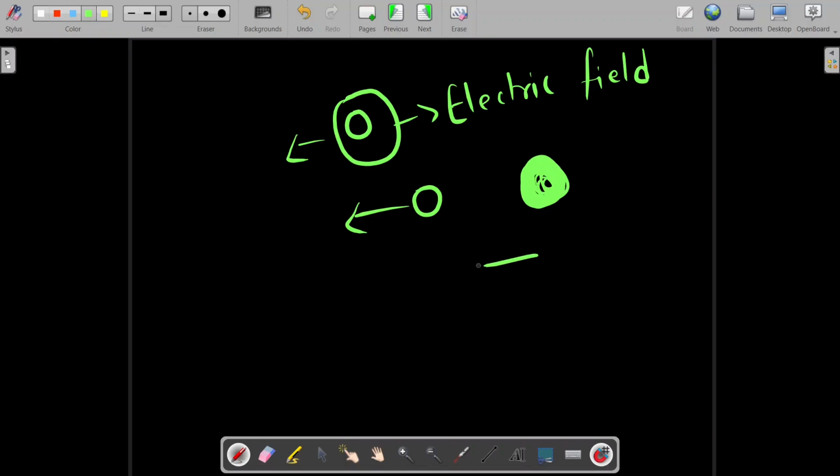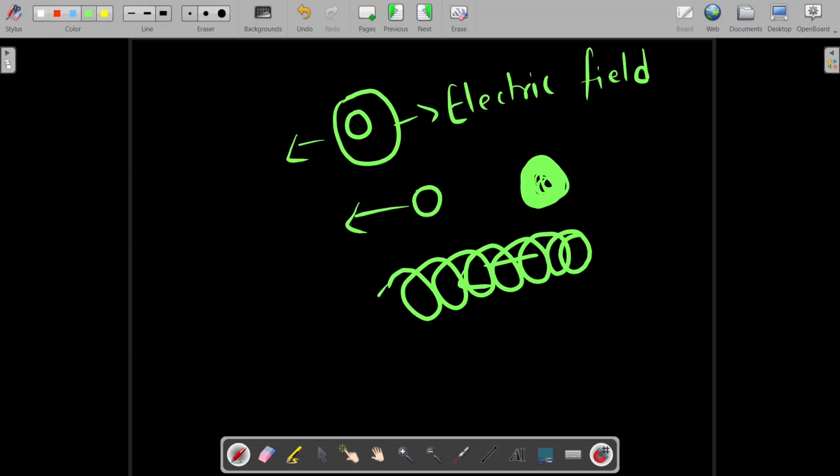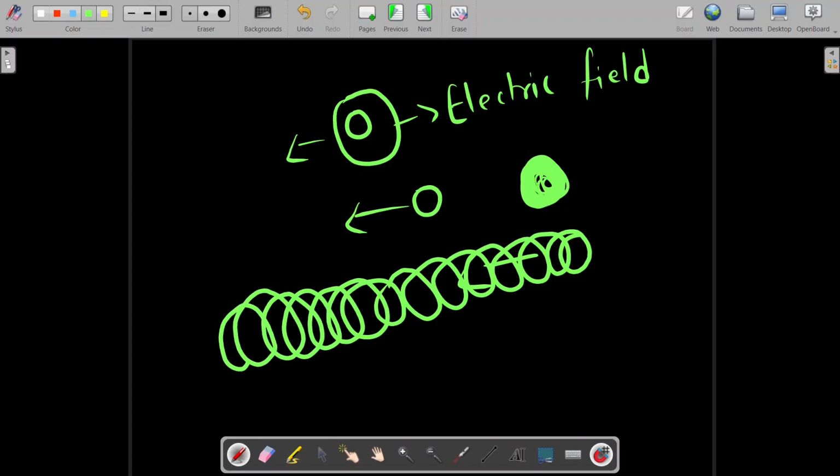But when it's moving, the spin is visible like a spiral. While the electron is moving, the electric field spins like this, which is visible like a spiral. This spinning electric field is called a magnetic field.